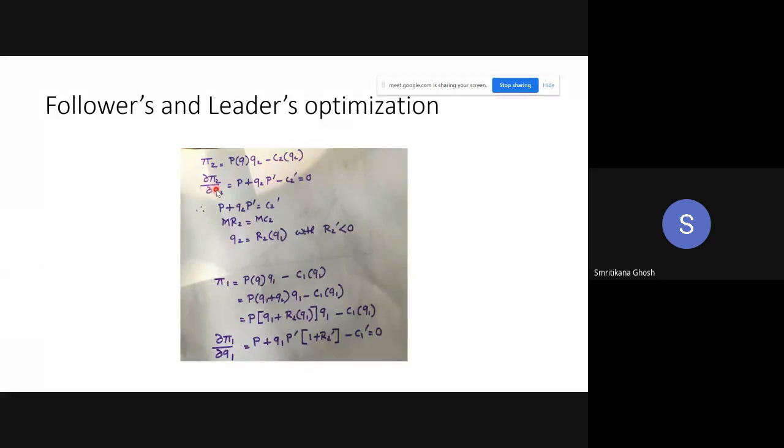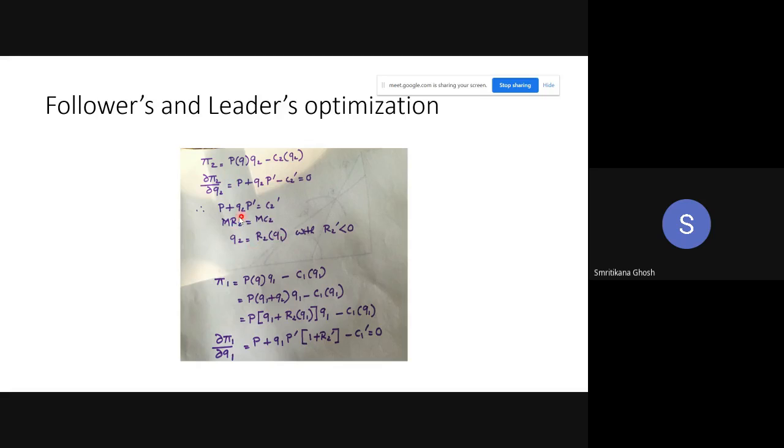Now what is the first order condition? d pi2/dq2 = p + q2 p' − c2' = 0. So if you put this side and that side, it will be MR2 = MC2, just like MR = MC. That condition prevails whatever be the situation; your equilibrium will be MR = MC. So this is for firm 2, that is the follower.